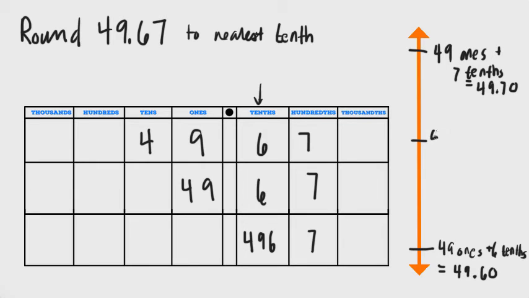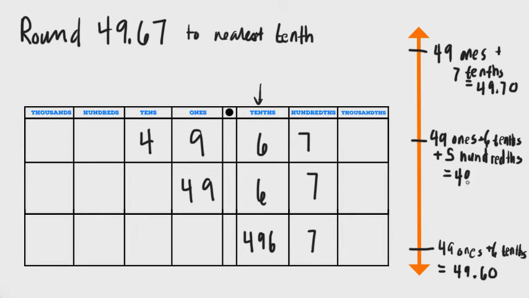So in this case, it would be 49 ones, 6 tenths, and 5 hundredths. Now remember, hundredths, not hundreds, and this is why place value is so crucial, because we have to understand that.